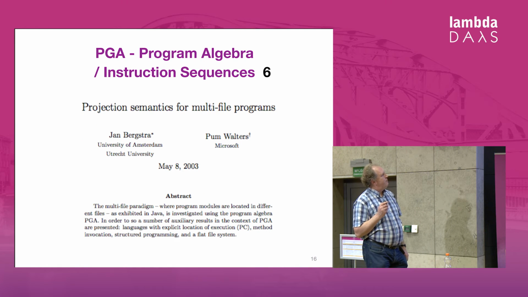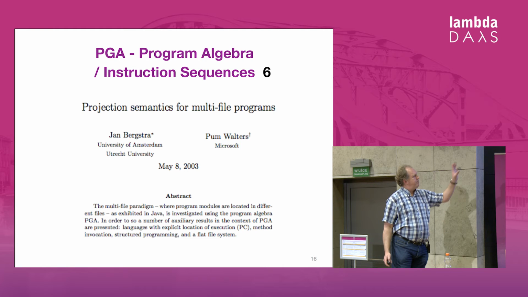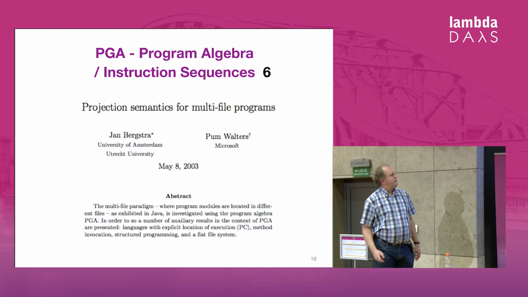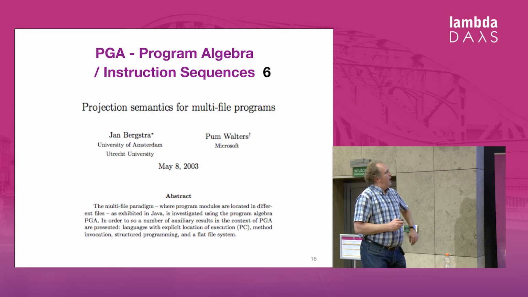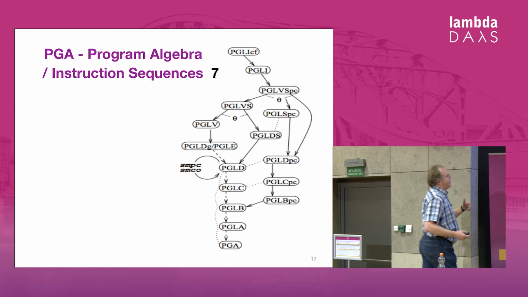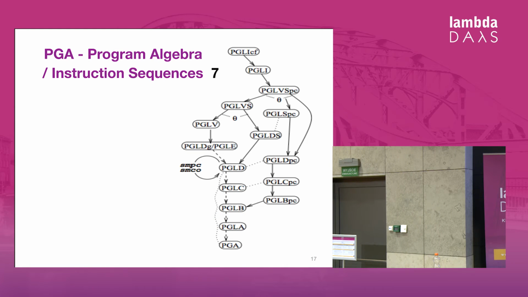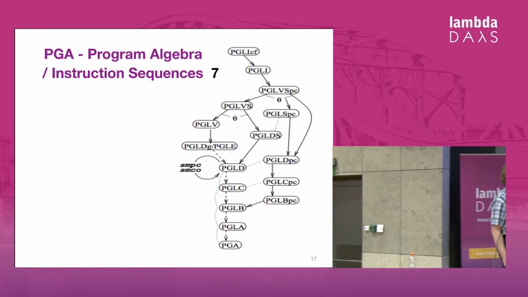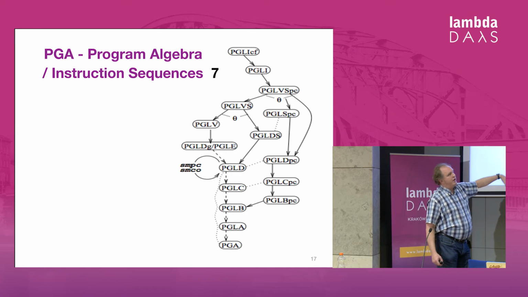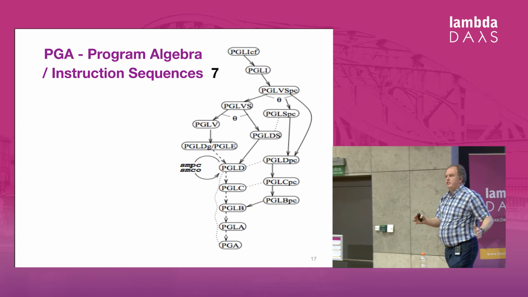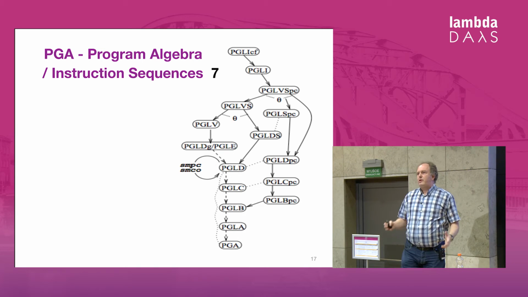And what can you do with it? There's a nice paper, Projection Semantics for Multi-File Programs. This uses a structure of projections, which you can also see as a kind of compilation steps.